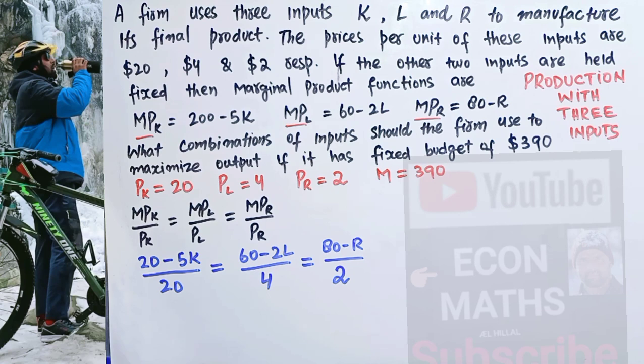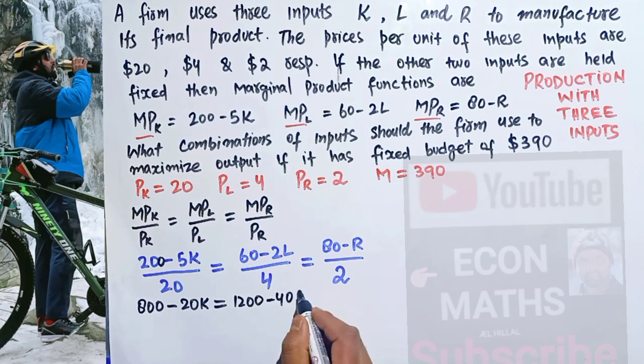Now what will we do here? We equate the first two terms first. If we cross multiply here, it will become 4 into 200, sorry, so 4 into 200 is 800, minus 4 fives are 20K, should be equal to 20 into 60, which comes out to be 1200, minus 20 into 2, which comes out to be 40L.